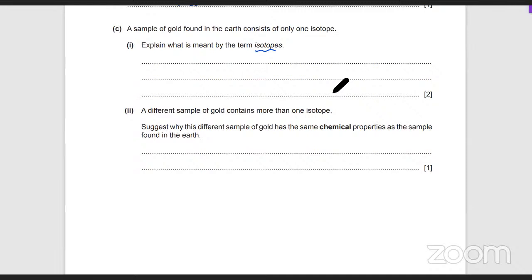Hold on 1 second. इसका देखो, they have the same electronic configuration. Okay. Okay, next one.